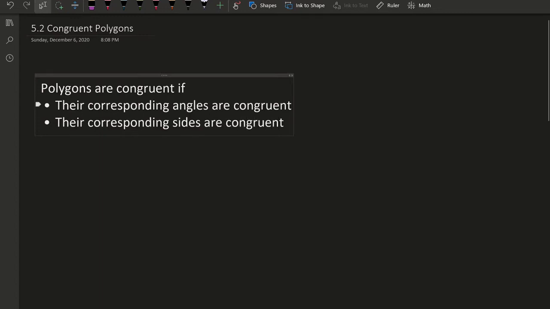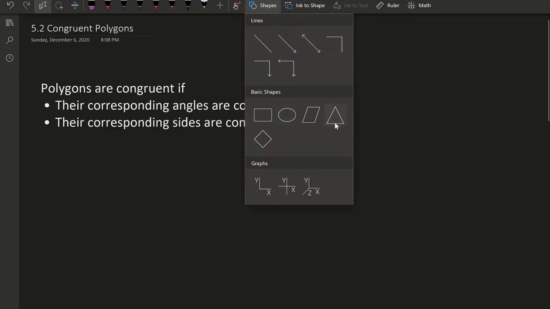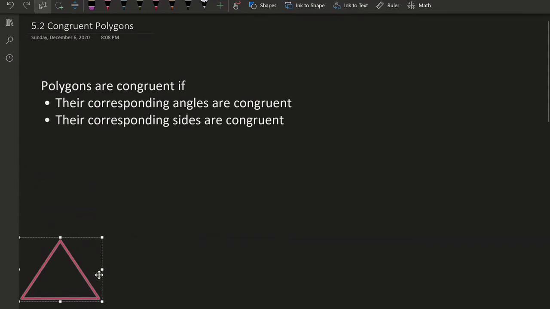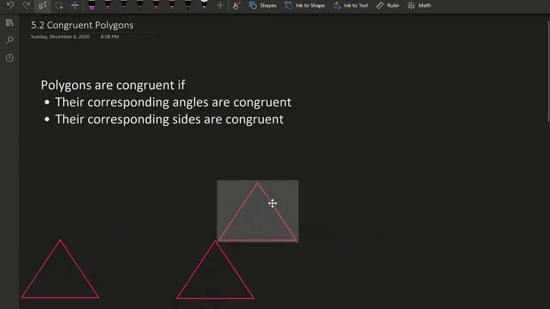Now, this word corresponding here, you might recognize that, you better recognize that from our parallel lines chapter. Corresponding means that it's the same piece but on a different shape. So, if I were to have two congruent shapes, and I'm going to cheat a little bit here because I can draw a nice triangle like that, and then I can push Control C and Control V to copy it.